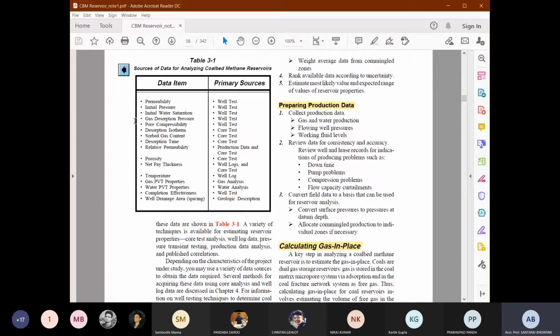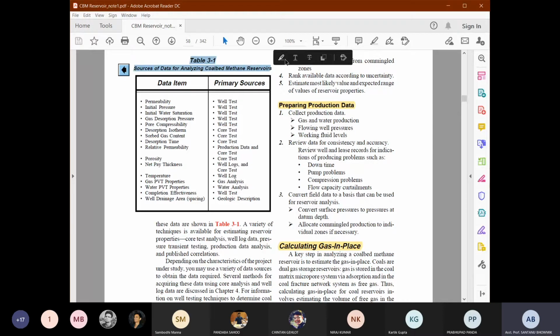Now in table 3.1, you will see various parameters which are inbuilt to the reservoir, or inherent to the coal properties, that are discussed first, and then the sources, how you will collect those data or where you will get this data, are given. So let us start. This is table 3.1, sources of data for analyzing coal bed methane reservoirs.